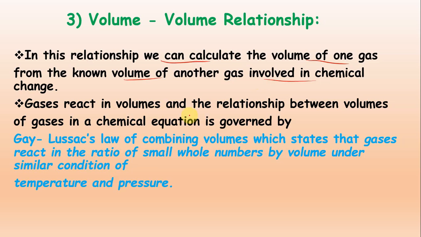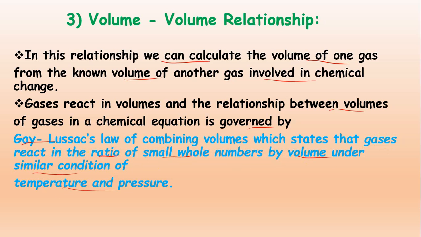Gases react in volumes, and the relationship between the volumes of gases in a chemical reaction was introduced by the scientist Gay-Lussac, and that is Gay-Lussac's law of combining volumes, which states that gases react in the ratio of small whole numbers by volume under similar conditions of temperature and pressure.